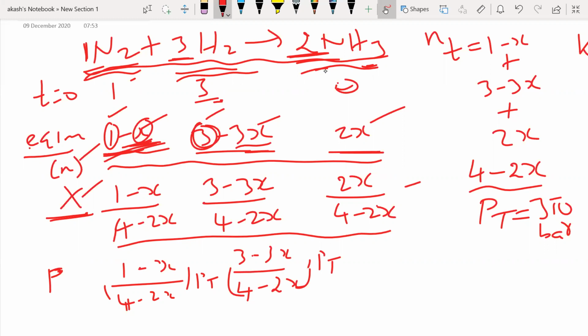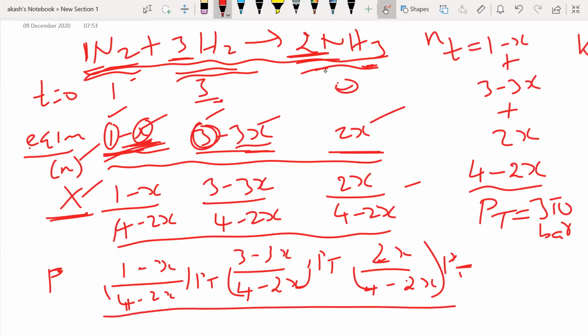And for NH3, it will be 2X divided by (4 minus 2X) into the total pressure, right? Now these three are the equilibrium partial pressures. Again, I repeat, mole fraction into the total pressure will give me the partial pressure. Same way, mole fraction in total pressure, mole fraction in total pressure.